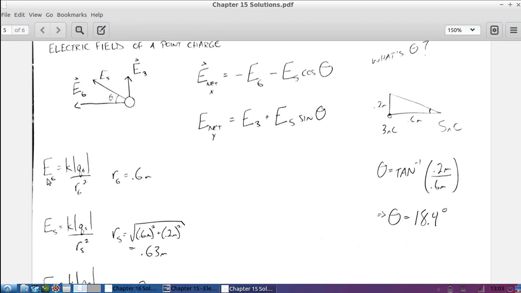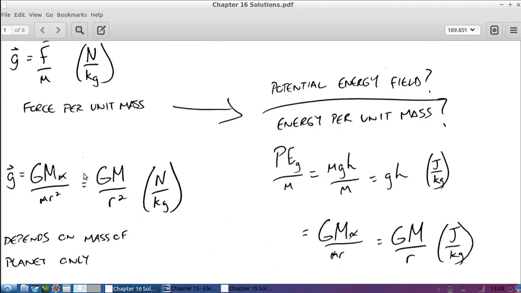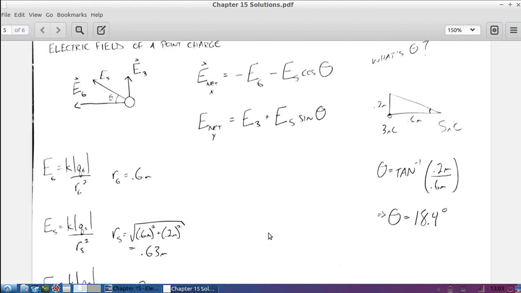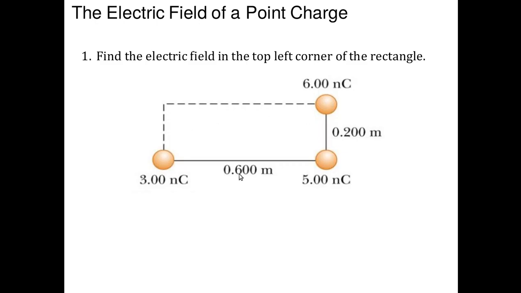So the field due to the 6 nanocoulomb charge is K times the magnitude of Q6 divided by r squared. Now what's this r? This r is the distance between the 6 nanocoulomb charge and the top left corner, and that is 0.6 meters.